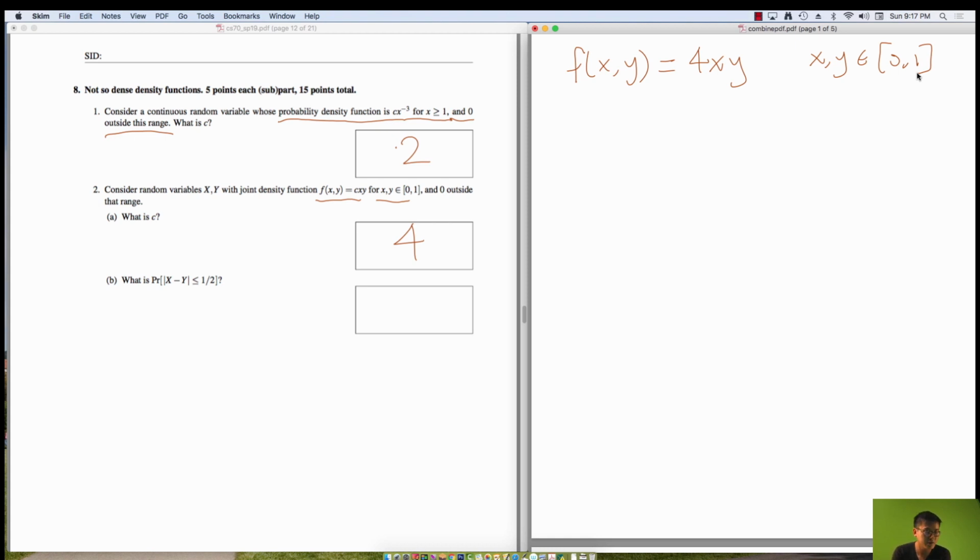Okay, so now we're going to look at 8.2 part B. We have this joint density from the previous part, and we want to find the probability that the absolute value of x minus y is less than or equal to a half. So when dealing with these types of problems, it helps to draw out the region we want to integrate over.